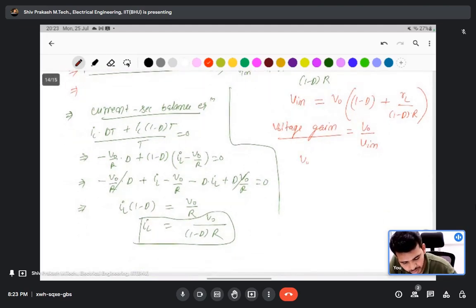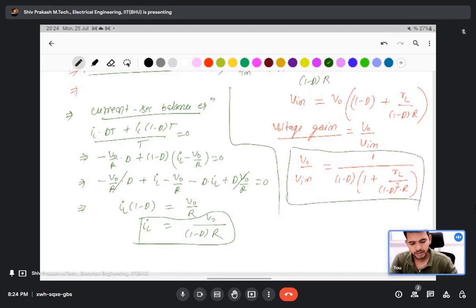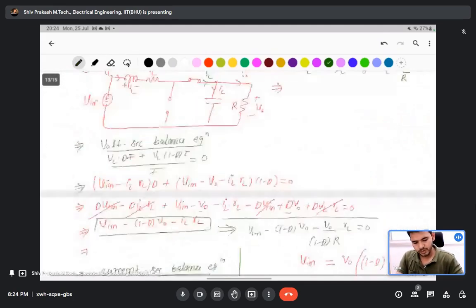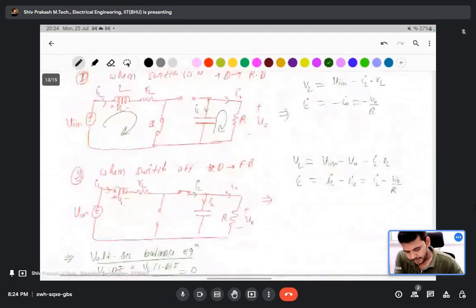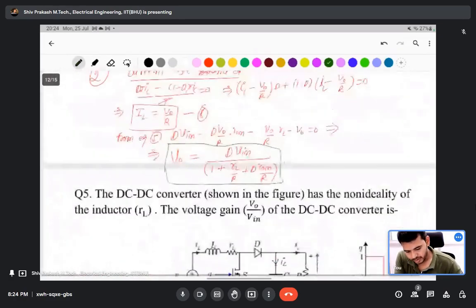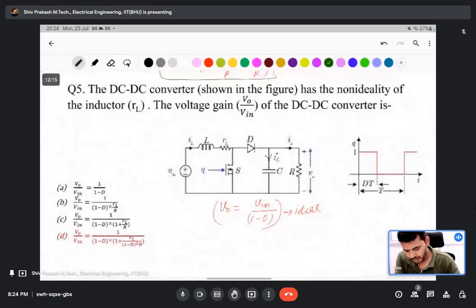That means V naught divided by V in is equal to 1 divided by 1 minus D, common, then 1 plus RL divided by 1 minus D square into R. This is the voltage gain of the lossy converter here.